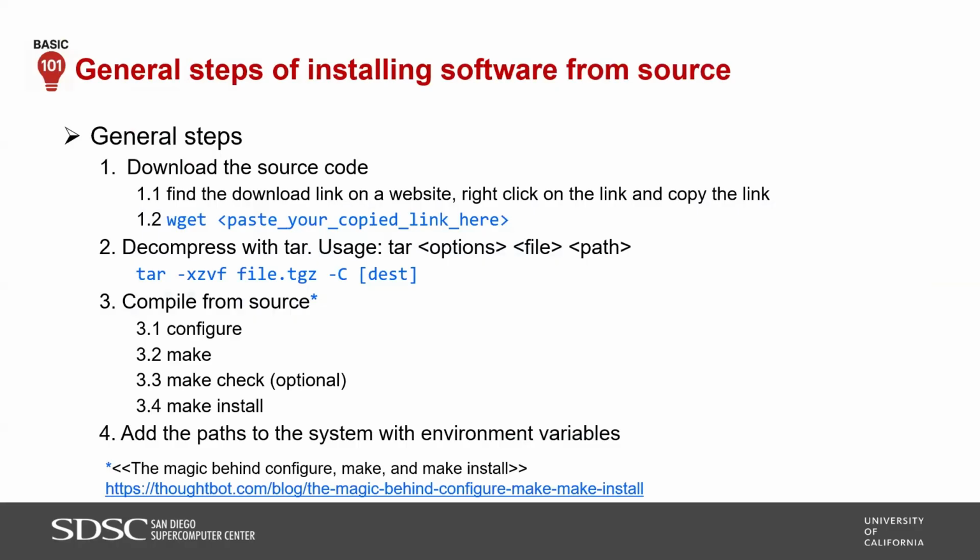And here are the general steps of installing software from source. You download and unzip the source code, compile with configure, make, check maybe, and make install. And once it's done, you just add the paths to the system with those environment variables.